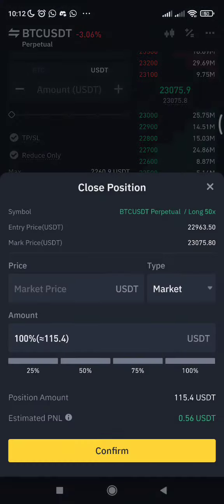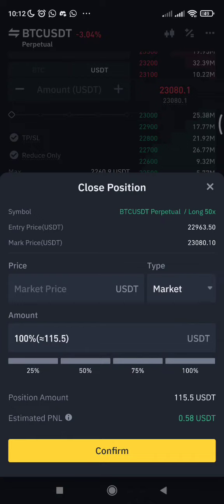Click on close position. If it's 100%, select; if it's 75%, or if you want to close 50% and all that. You can also use limit or market, just like you do on spot trading, but normally we always use the market price.